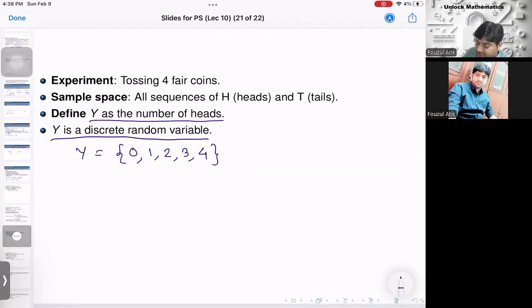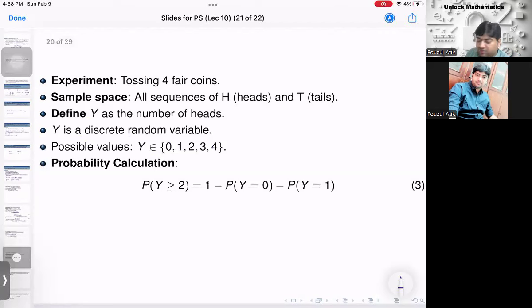Right? And the question we discussed was the event that the number of heads is at least 2. So in this case, P of Y greater than or equal to 2. We have already seen that this is the complete list of outcomes, that is, the whole sample space.